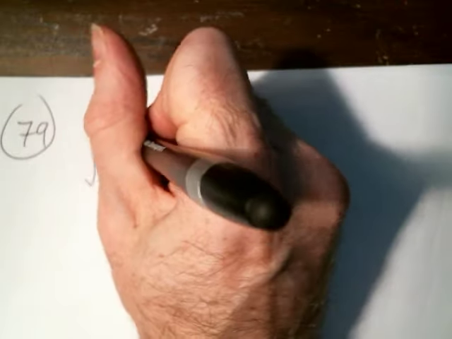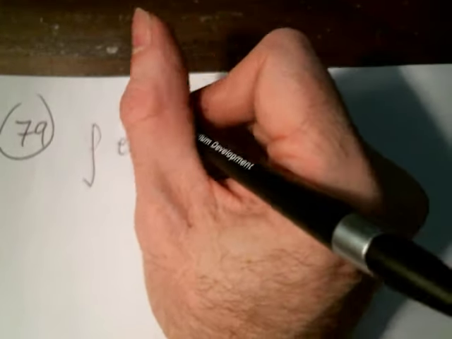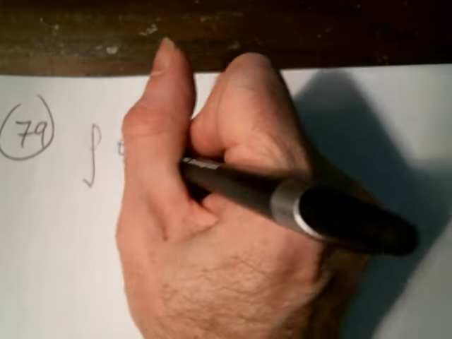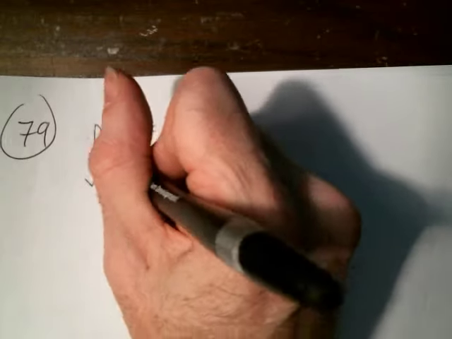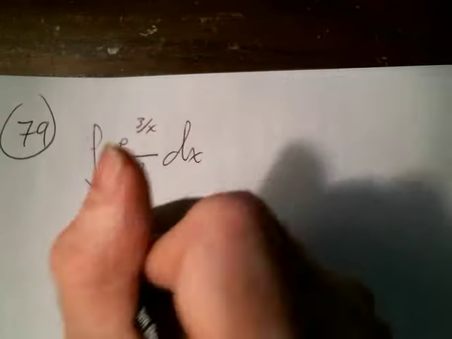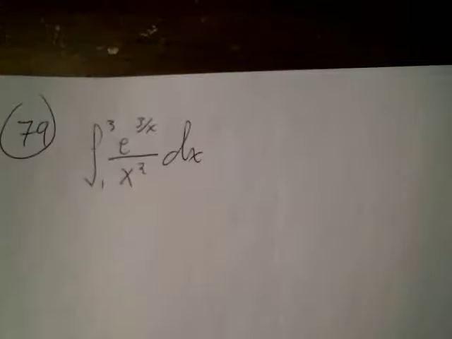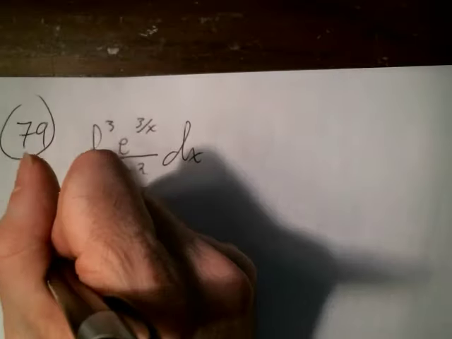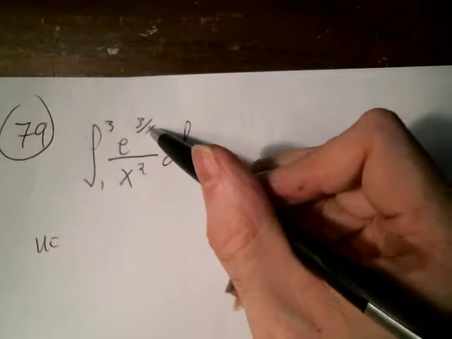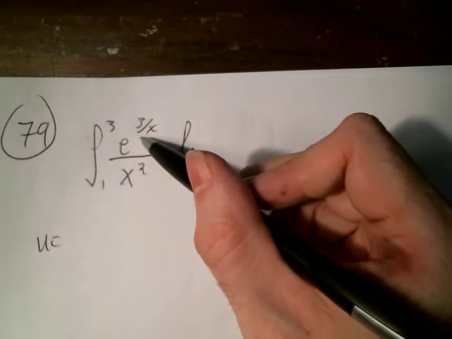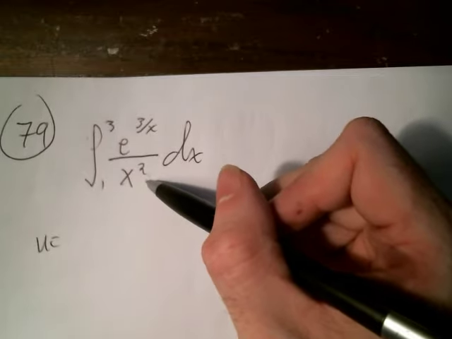79. Let's try the integral of e to the 3 over x all over x squared dx, going from 1 to 3. And we're using the back sub method for definite integrals. My u, it may not be obvious in this case, but the u should be 3 over x, because its derivative is kind of this guy.